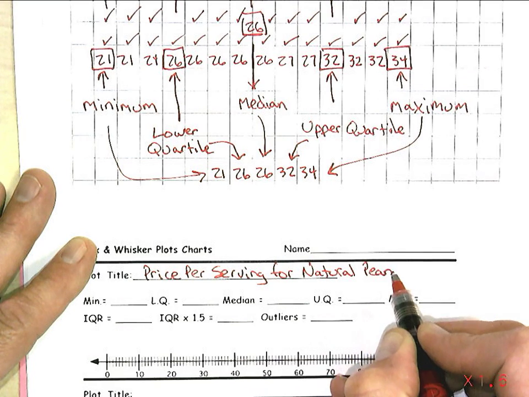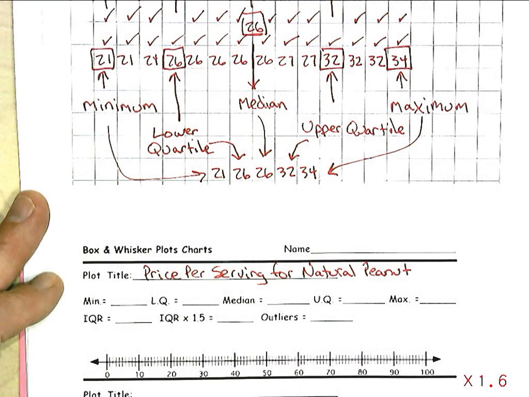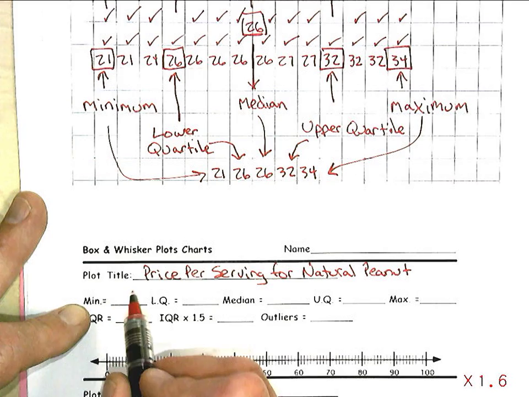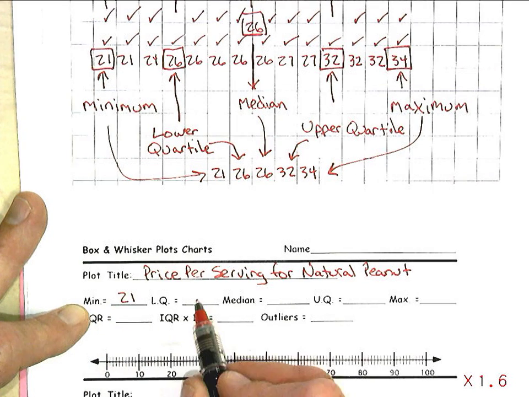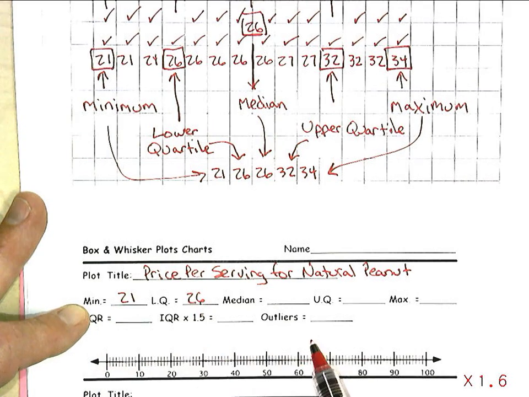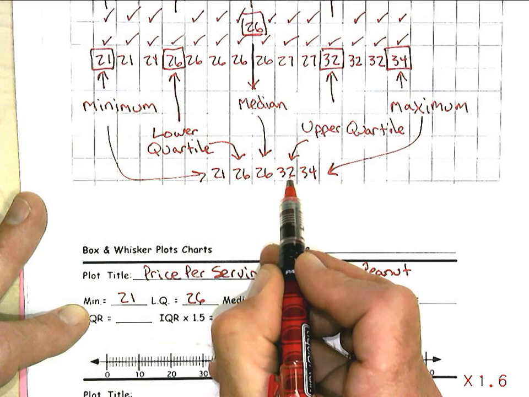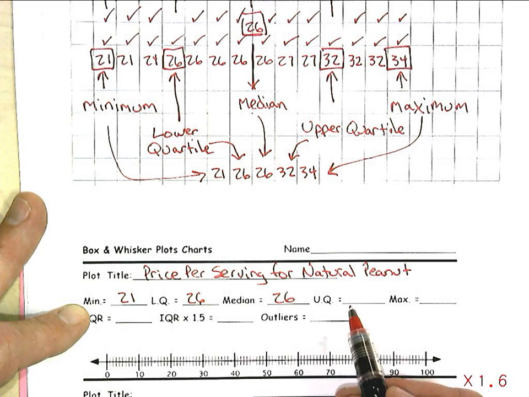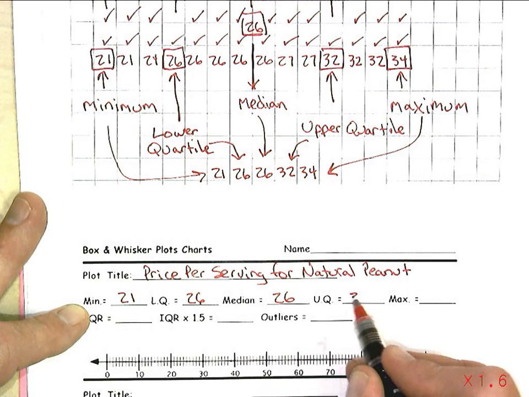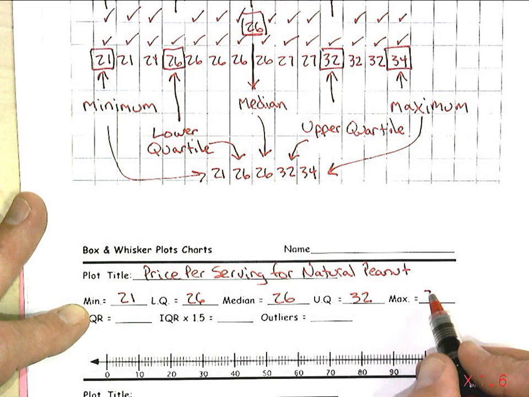So this is my box and whisker plot for that. And so my minimum was 21, the lower quartile 26, the median 26. I'm just taking these numbers from what I found right here. The upper quartile 32, and the maximum 34.